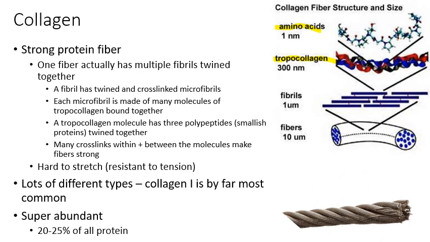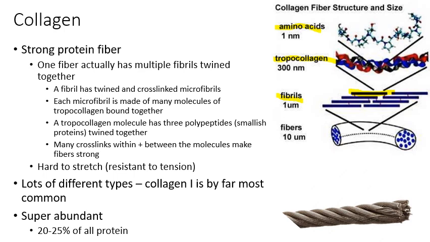Then if you take several of those tropocollagens and wind them together, you can get a microfibril. One of these right here would be a microfibril. If you get several of those microfibrils together and wind them up, you'll have a fibril.